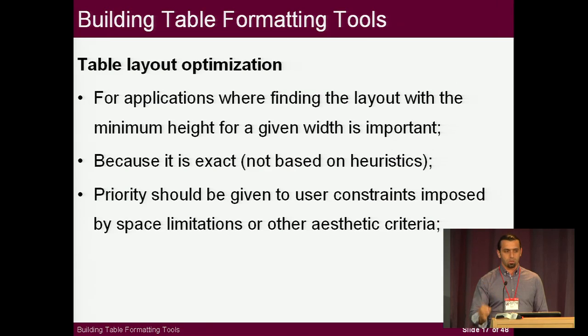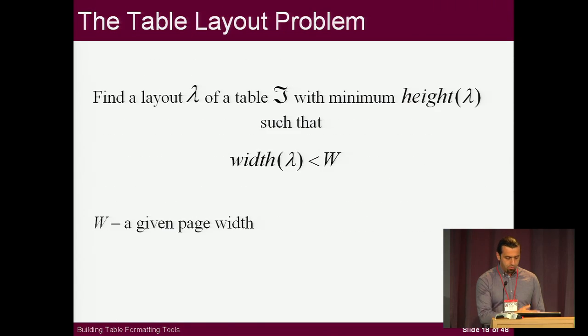So you have to find out exactly what the layout of a table is with the minimum height for a given width. Also, when we are optimizing layout, we are giving priority to the user-imposed constraints and other statistical criteria. In the way we are modeling the table layout optimization, we're adding other constraints to the model in a very easy way.